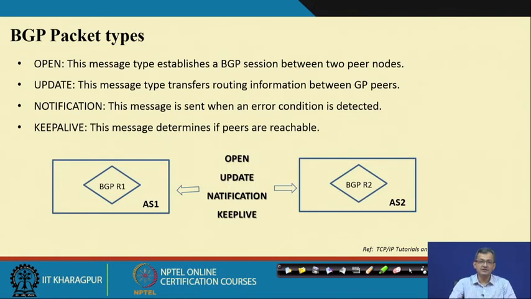Now, as we mentioned earlier, what are the different BGP packet types? One is open, the others are update, notification, and keep alive. These are the typical four types of packets which BGP has. The open message type establishes a BGP session between two peer nodes.